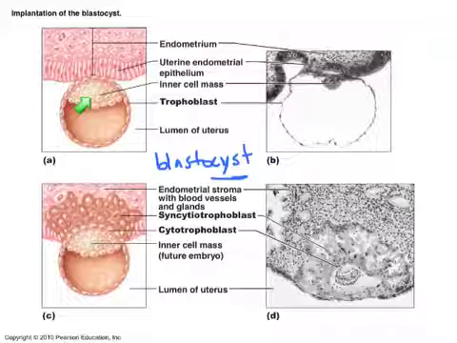Now, implantation usually occurs about a week after fertilization. There are ovarian hormones, progesterone primarily produced by the corpus luteum, that prepare the endometrium for implantation, that make sure that it is well developed, that the uterine glands are producing the glycogen the zygote needs in order to fuel development. It's a complex process.